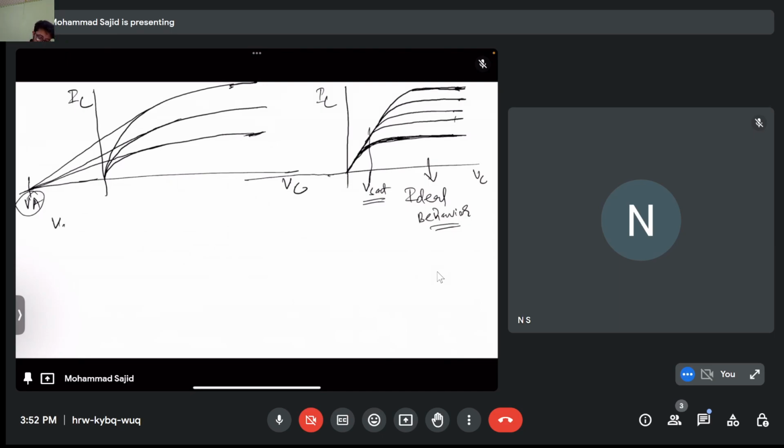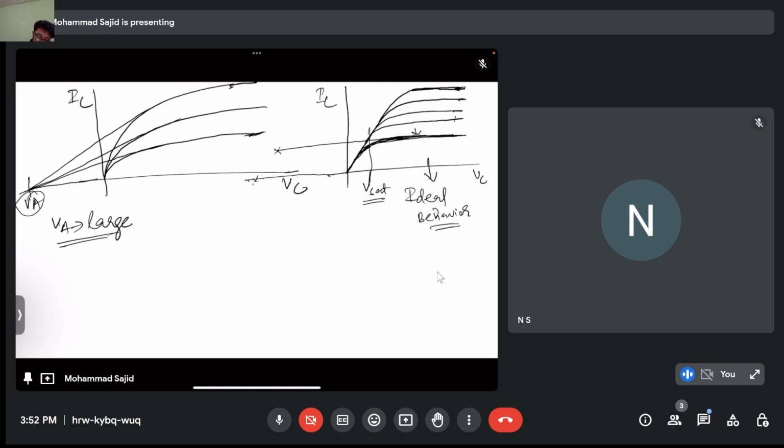If VA is large, what is VA? We use tangents on the curve. If I use a tangent on the curve and this tangent cuts the x-axis at any point, it's called the early voltage.